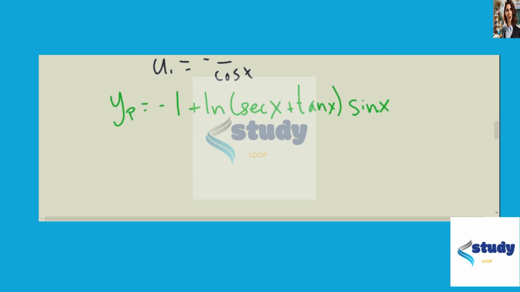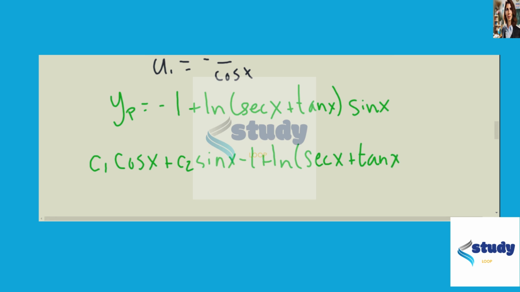And therefore, the general solution is c1 cosine x plus c2 sine of x minus 1 plus natural log of secant of x plus tangent of x times sine of x.